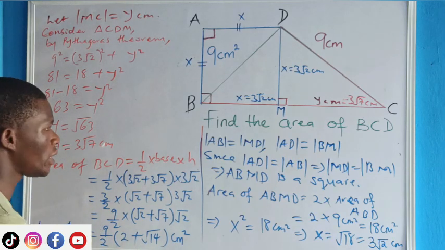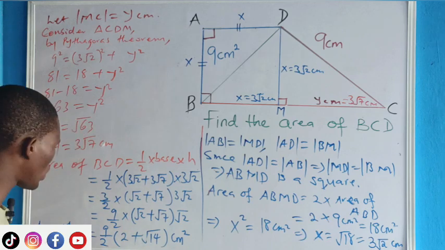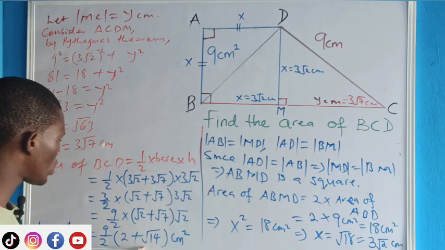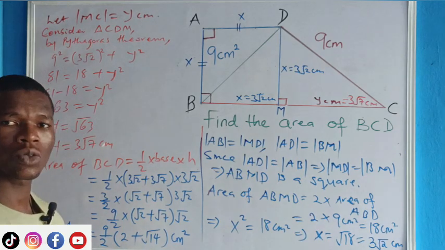So the area of BCD as required is 9 over 2 into bracket 2 plus root 14 centimeters square.